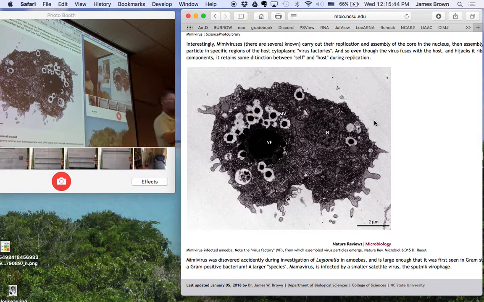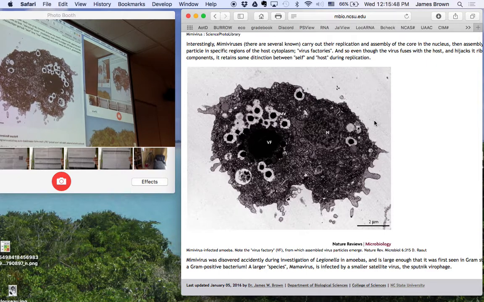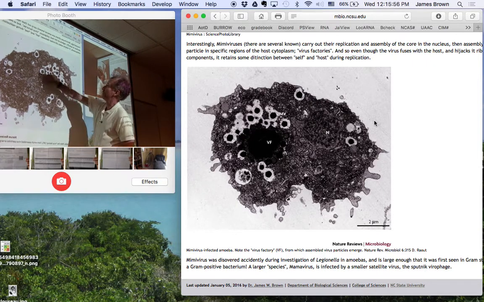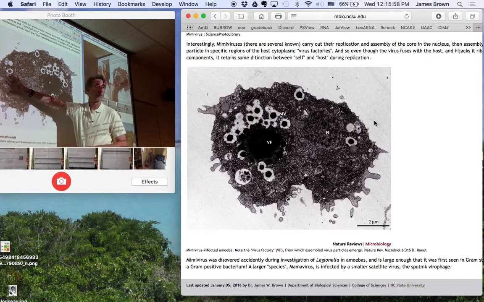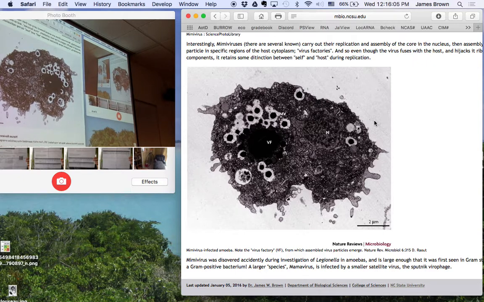There's a specific zone in the cell where viral genes are expressed, the proteins are synthesized, and the viruses are assembled. It's not membrane enveloped, but it's clearly this is virus and this is host. And so there is a distinction in the cell between self and non-self. That's pretty cool.